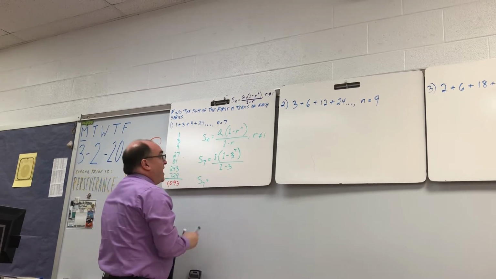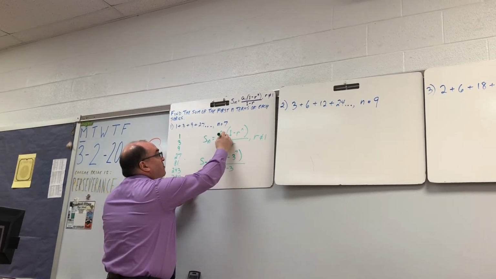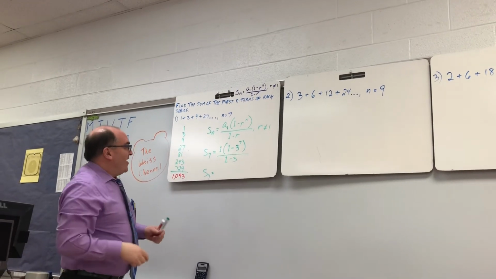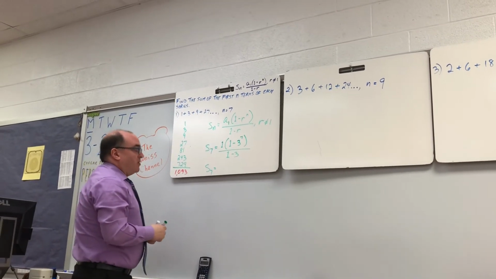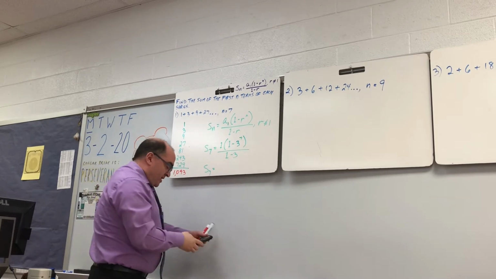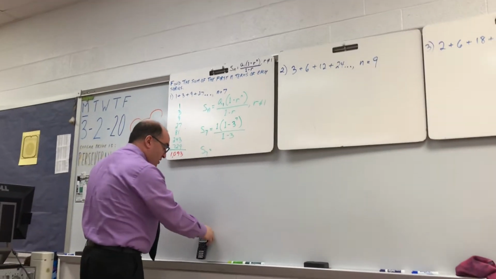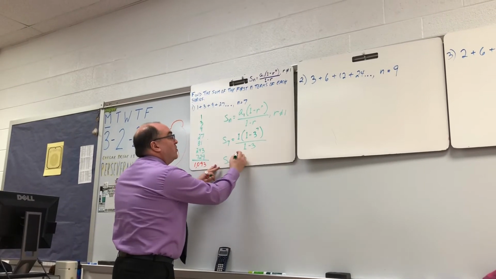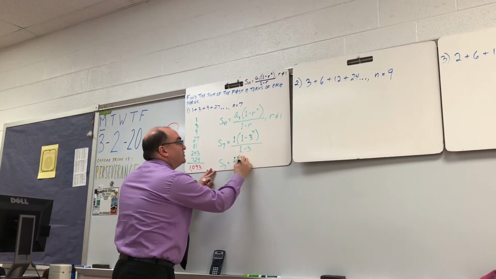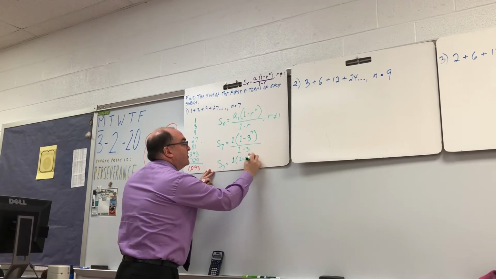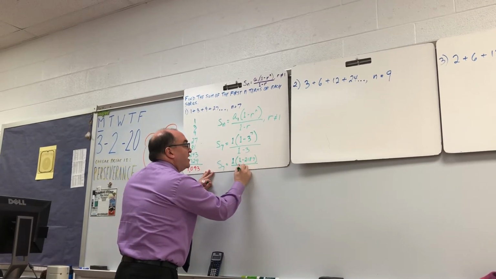A1 is the very first term. Okay? All right. So, 3 to the 7th power is 2187. So, 1 times 1 minus 2187 all over negative 2.